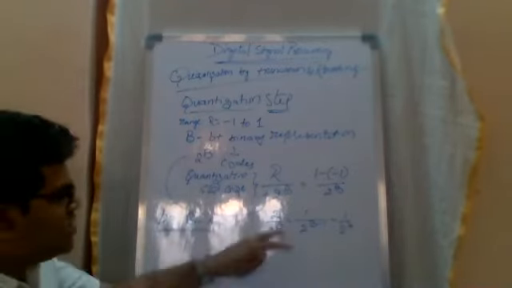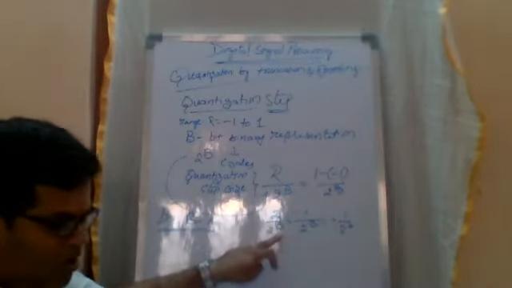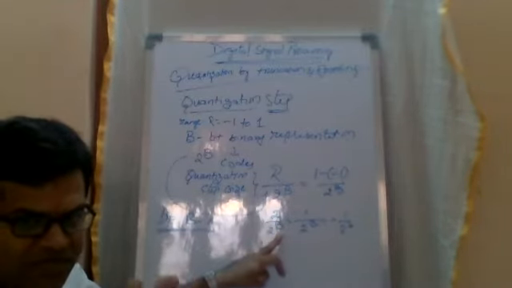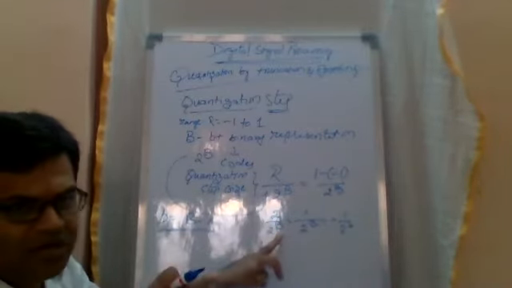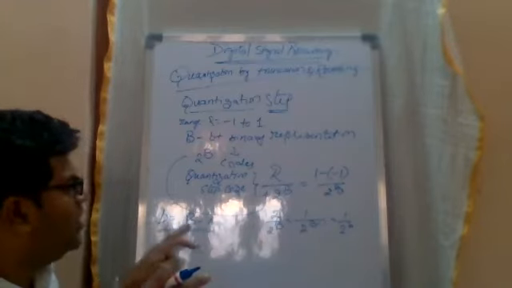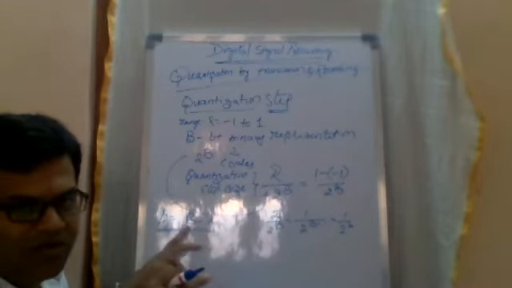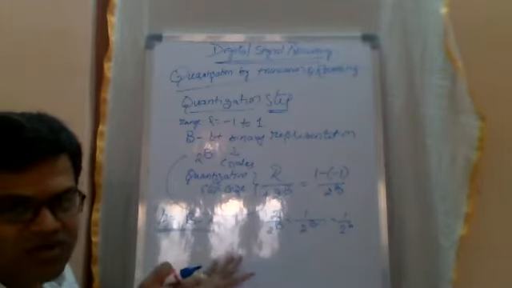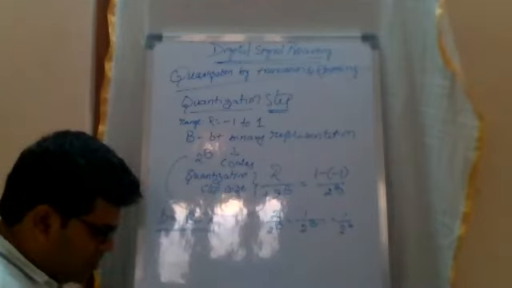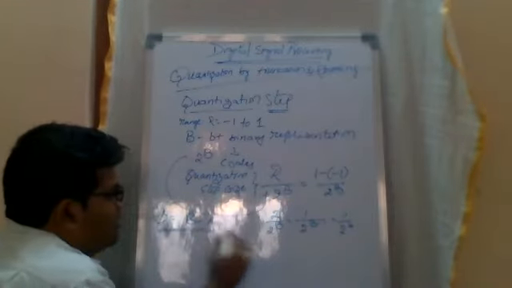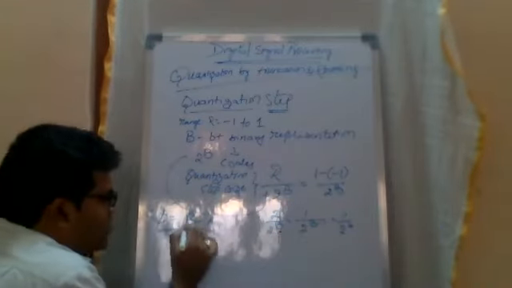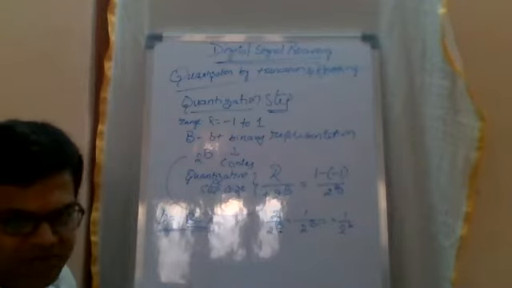This capital B is the binary representation including the sign bit, whereas small b, which is equal to B minus 1, excludes the sign bit. That is the difference you have to observe.